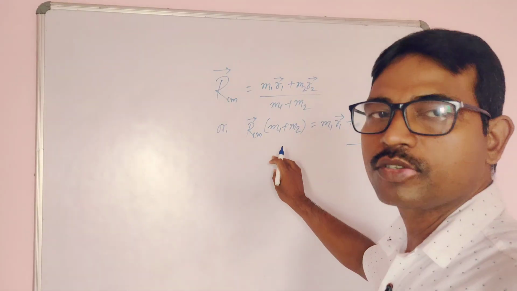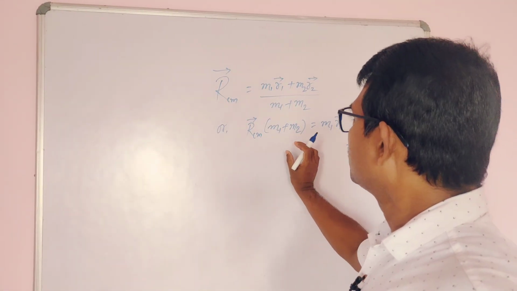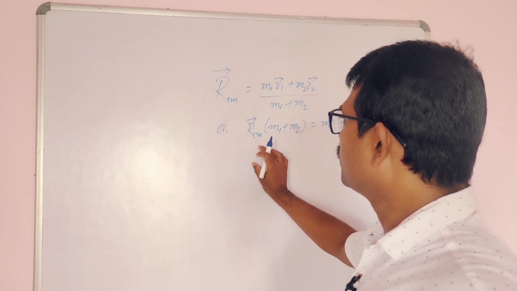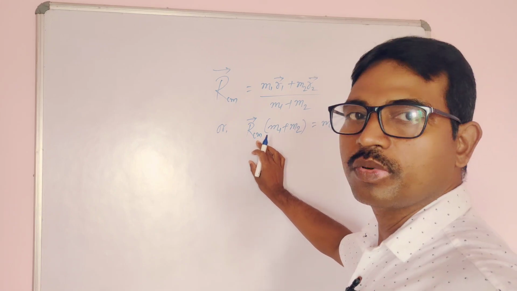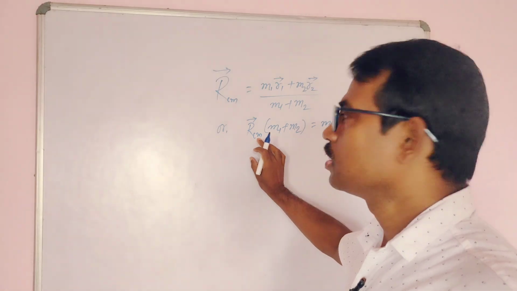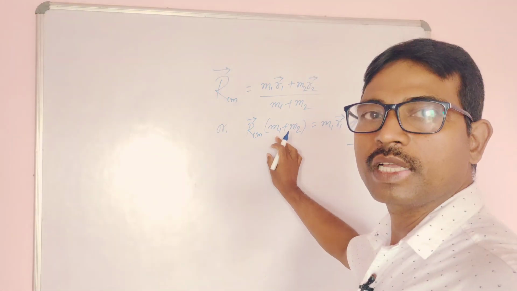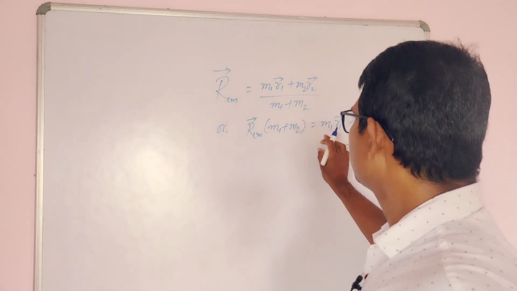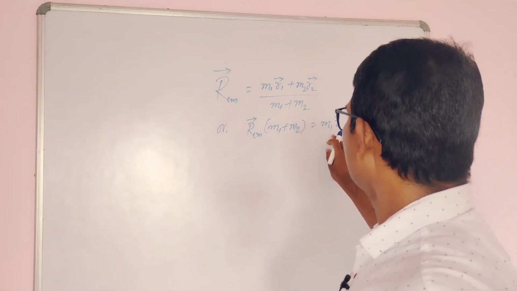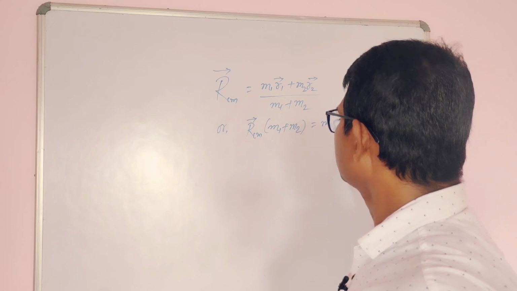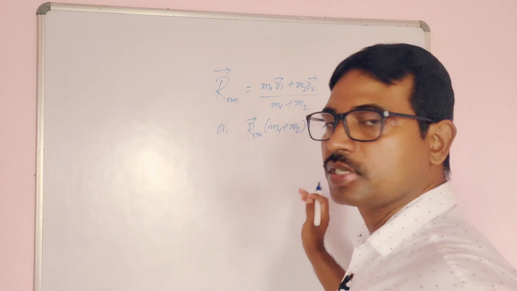How can you say this? The product of the position of the center of mass of a system of two particles and the mass of the two particles is equal to the sum of the products of the mass of each particle and its respective position.